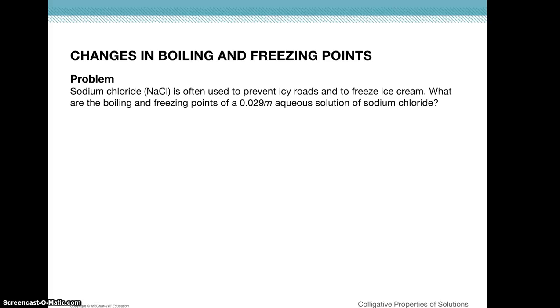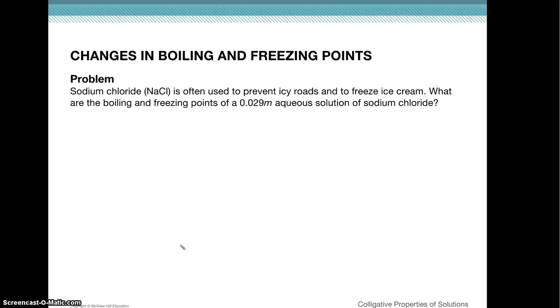Okay, so this idea of colligative properties really does have a useful application. If you've ever made ice cream before at home, you know that you put rock salt in with your ice to freeze the ice cream. Well, like we just said, when you put that salt with the water, the freezing point's going to go down. So the ice cream can actually get colder than 0 degrees Celsius and freeze.